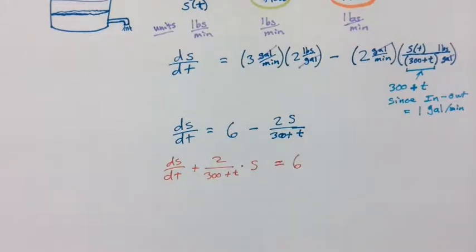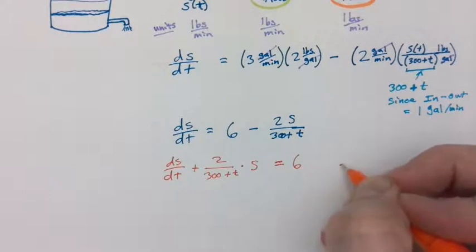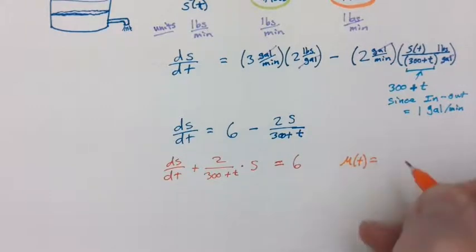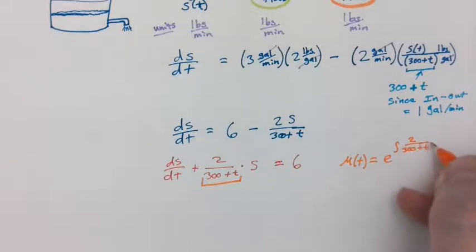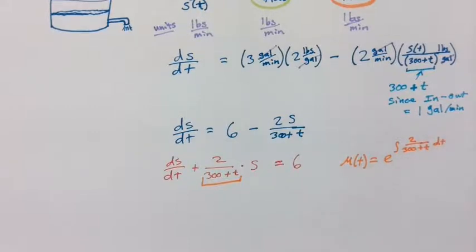And so what we need to do at this point is figure out what our integrating factor is. Remember, we're looking for mu of t, and that's going to be e to the integral of 2 over 300 plus t dt. We're going to integrate that with a little bit of effort.